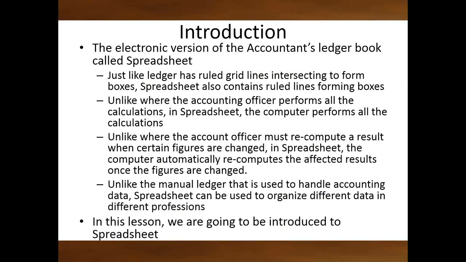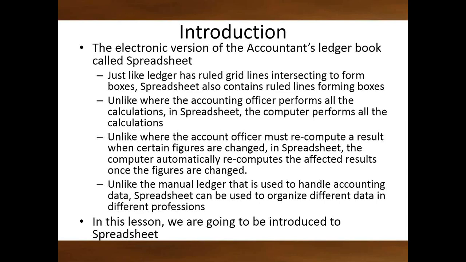The electronic version of the accountant's ledger book that we have just discussed is called Spreadsheet. Just like ledgers have ruled grid lines intersecting to form boxes, Spreadsheet also contains ruled lines forming boxes.